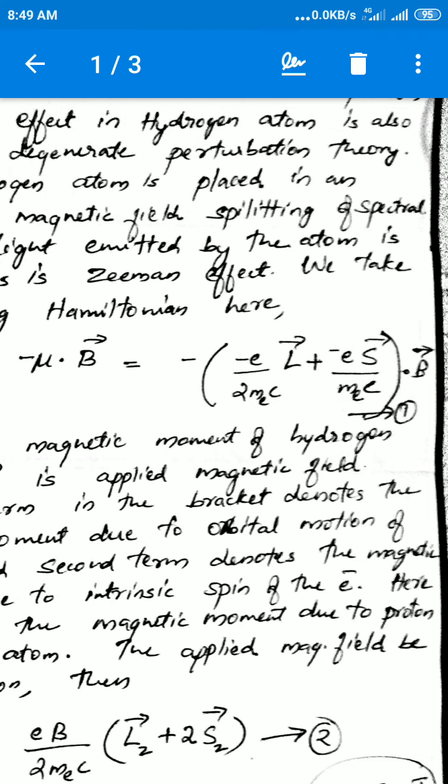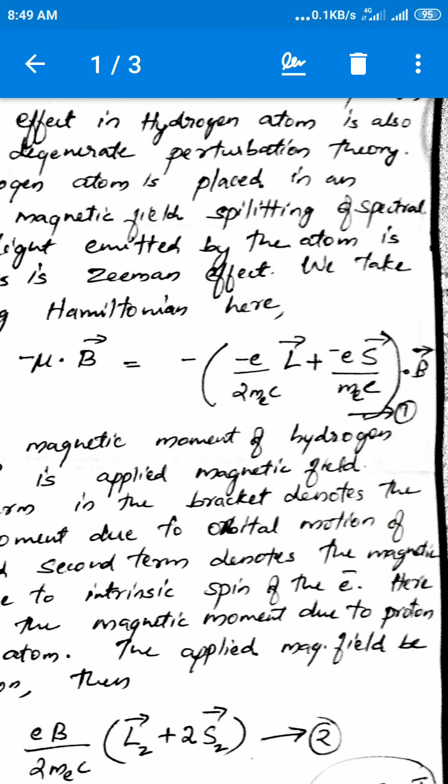You can see this in your spectroscopy studies, or in your angular momentum class in quantum mechanics, or in the Zeeman effect section of spectroscopy. You can see this magnetic moment value there.